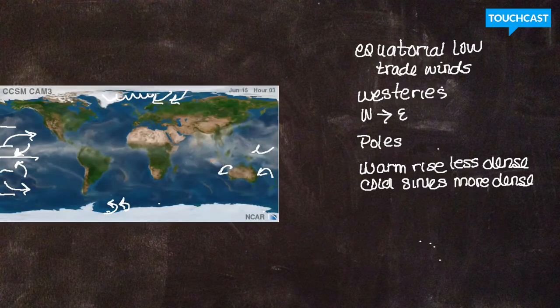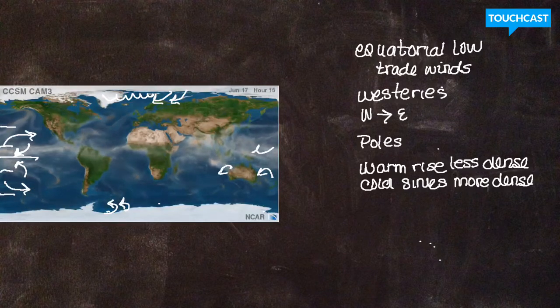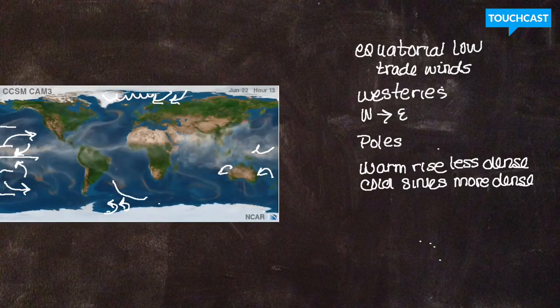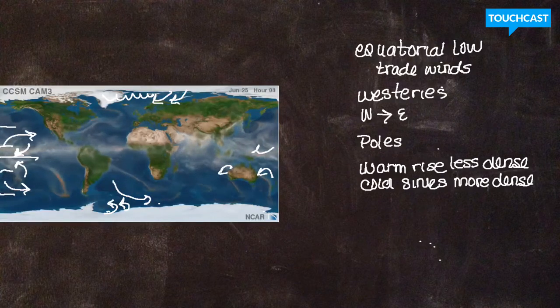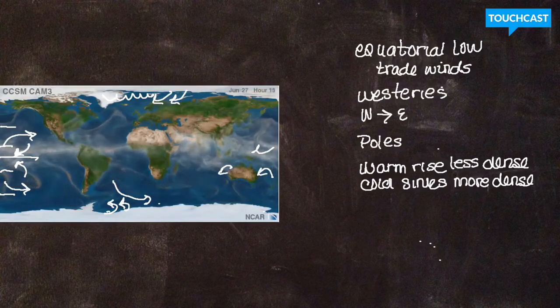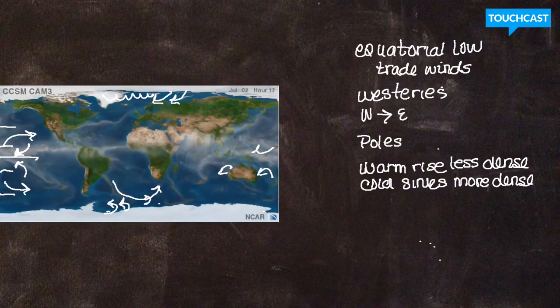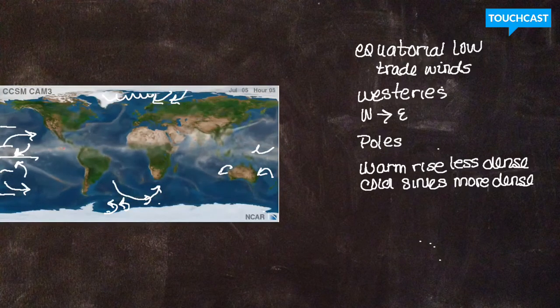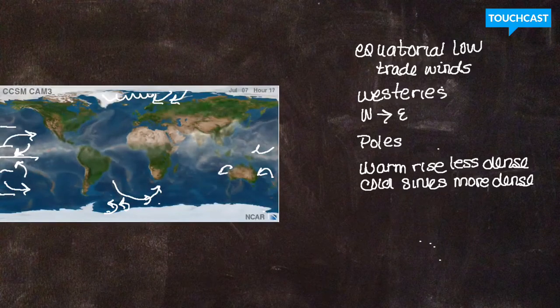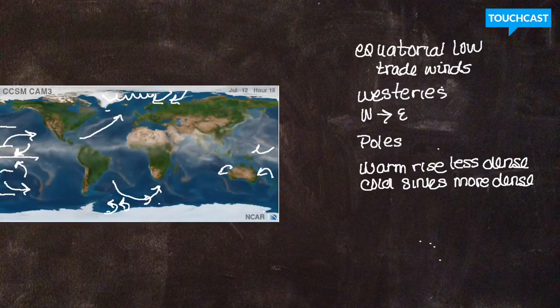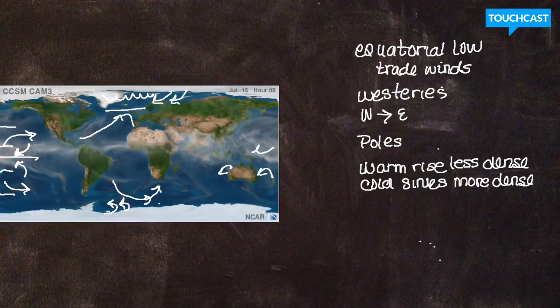So if we look at our animation here, we can see that these airs are coming down here. They're meeting this cold air, and that's going to block it from going any farther, and they're pushed back towards the equator. So same thing here. They're going up, and they hit this cold line, and they head back down.